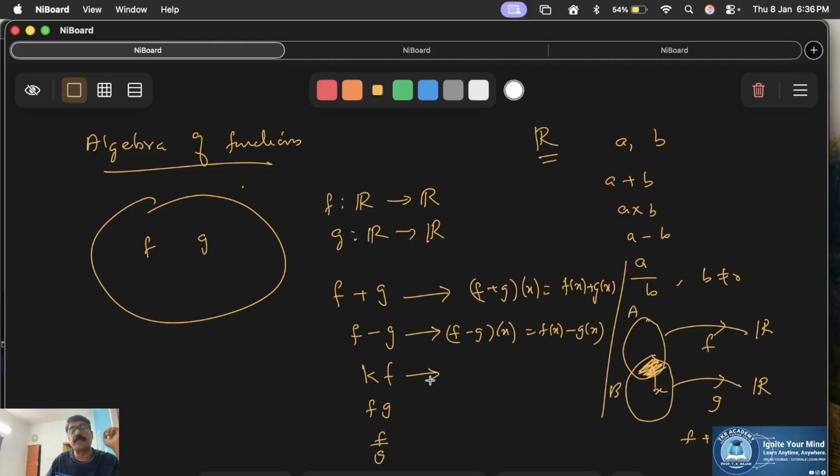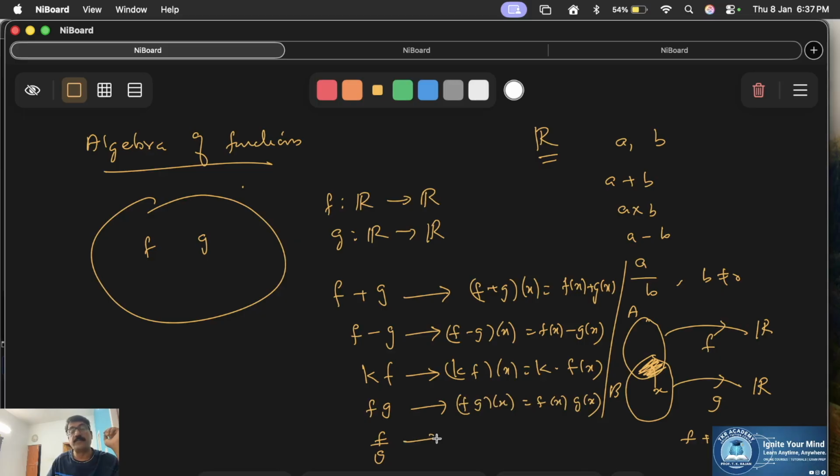K times f of x, the k f of x is defined by k into f of x. Similarly, f g of x is defined by f of x into g of x.